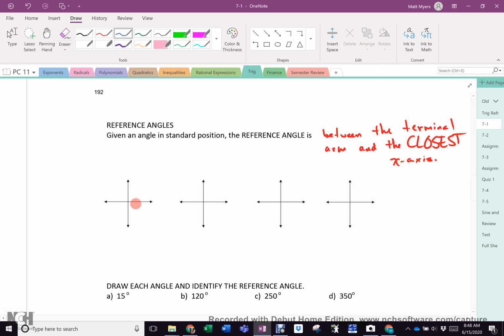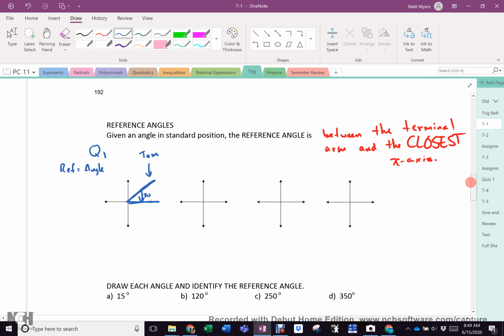So the standard 30 degrees. This is 30. There's my terminal arm. The closest x is right there. So in quadrant 1, reference equals our angle.